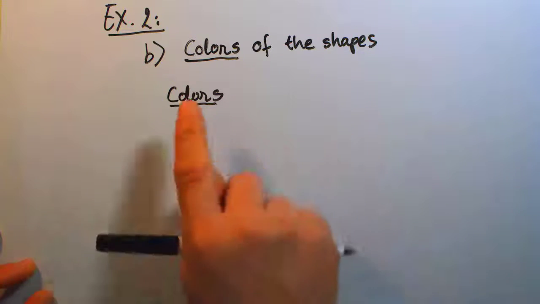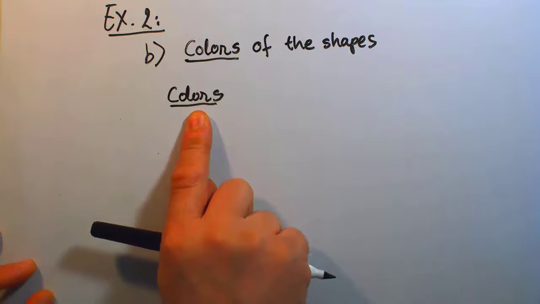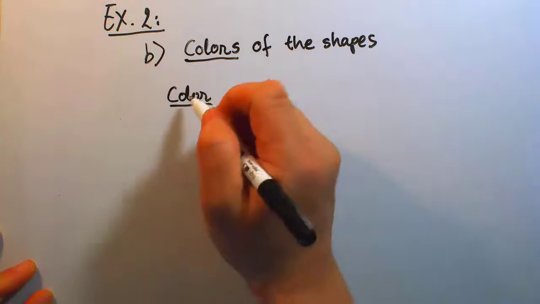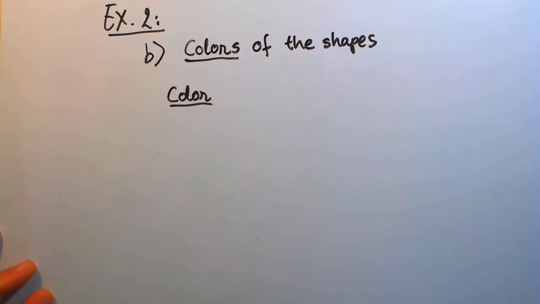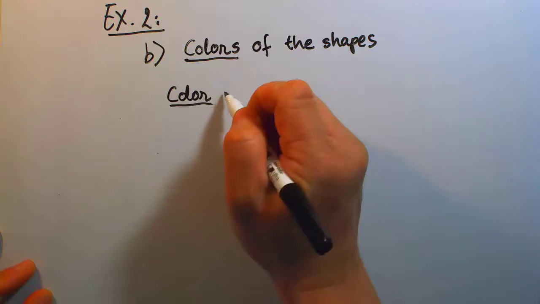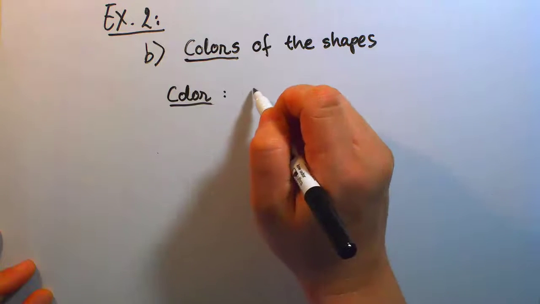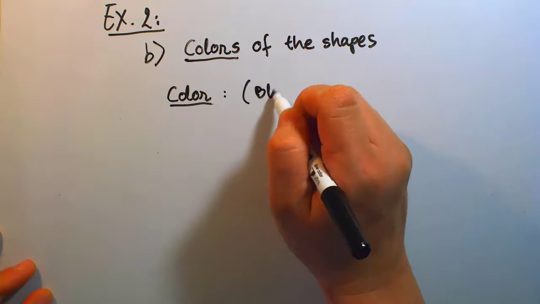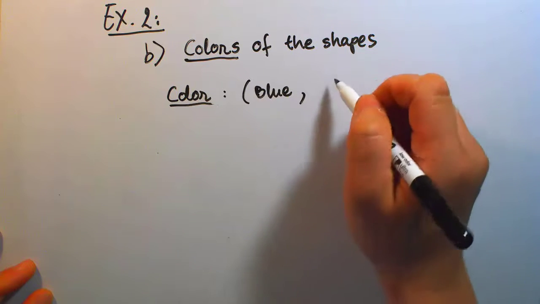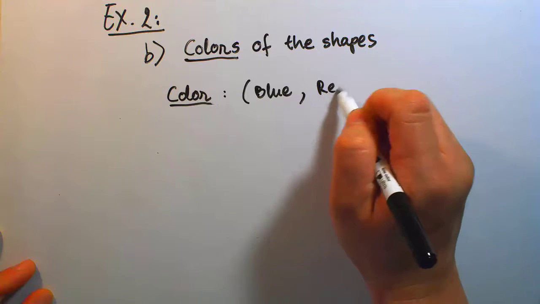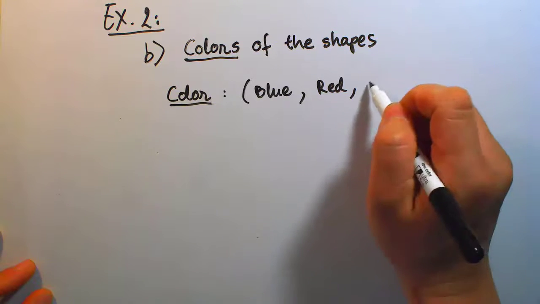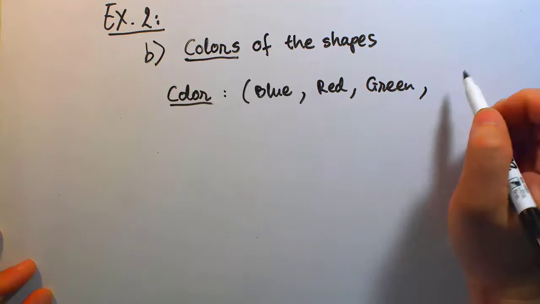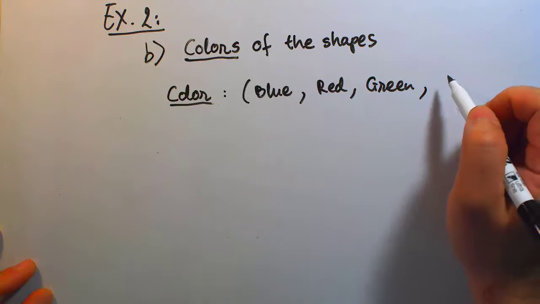Since we recognize color as generally regarding any color of the shape here, then here we're looking at different values: we have some shapes being blue or dark blue, we have some shapes being red, some shapes being green, and some shapes being yellow.